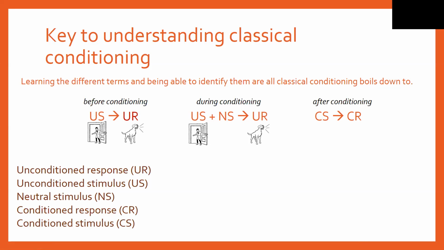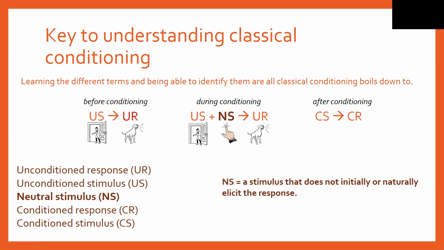So in this example, the neutral stimulus is something that did not initially or naturally elicit the response to begin with. Dogs were not born barking at the doorbell, right? So that's the neutral stimulus here. The doorbell is meaningless to dogs. They don't know what it means or what it is.